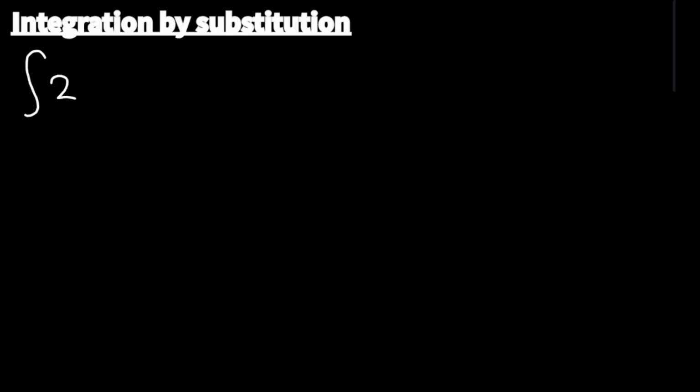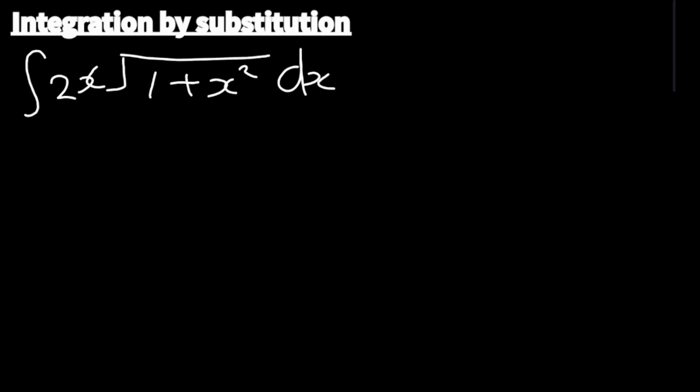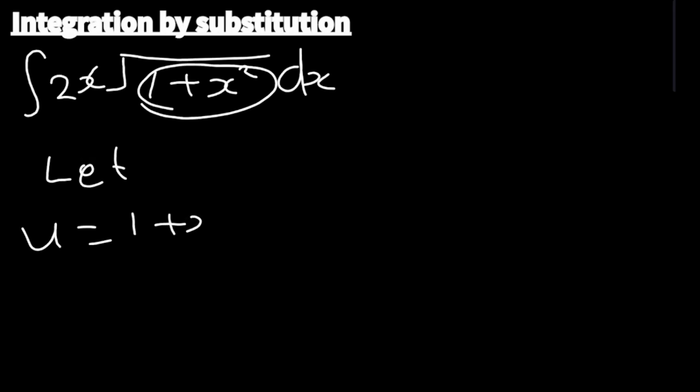What is the integral of 2x? Let's write this x properly. 2x root 1 plus x squared dx. So we let our u be this 1 plus x squared. The next step is to find the derivative of u with respect to x.